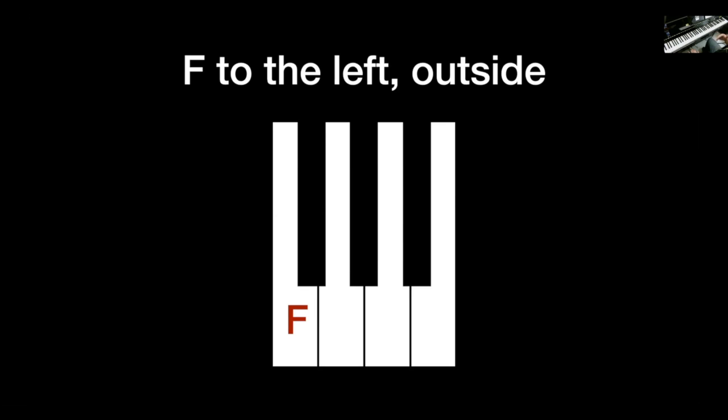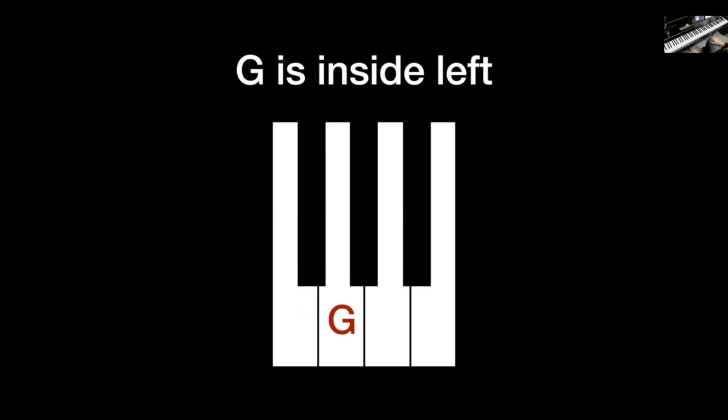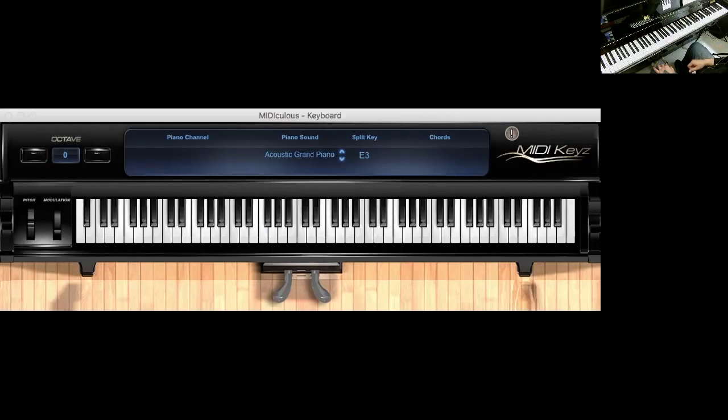The next note in the musical alphabet is G, right? So G is going to be the next note, the higher note, and that's what it is. G is the note inside of the 3 black keys to the left. So inside left, we find G. Just as well now, let's find all the G's.